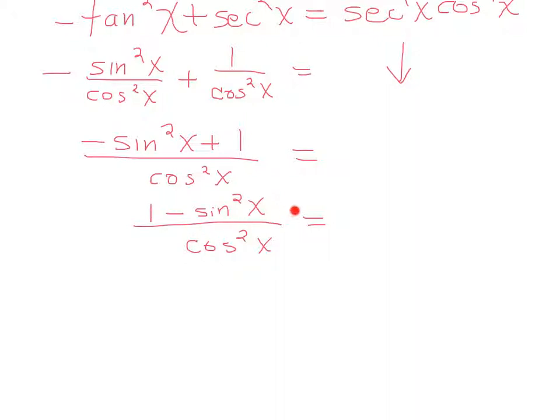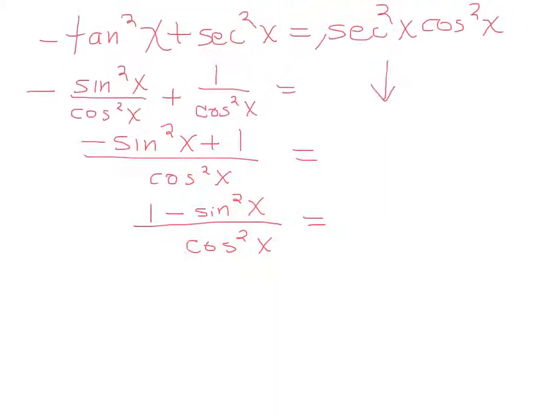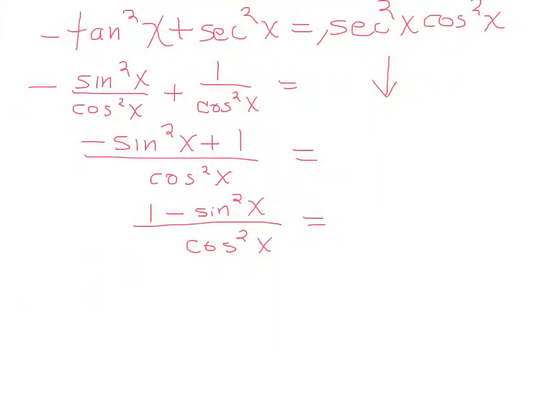What is all of this? 1 minus sine square of x on your Pythagorean identity paper. It's equal to cosine square? Okay. So that is equal to cosine square of x. Okay.